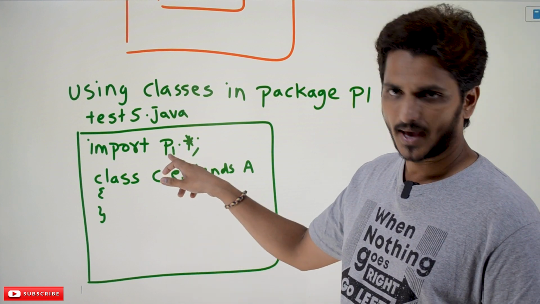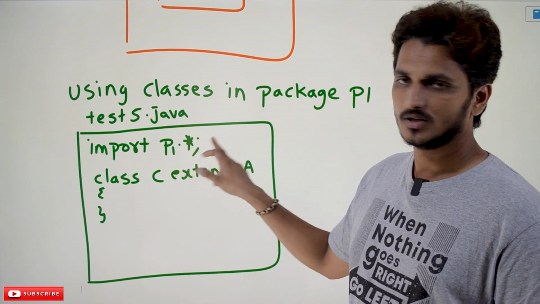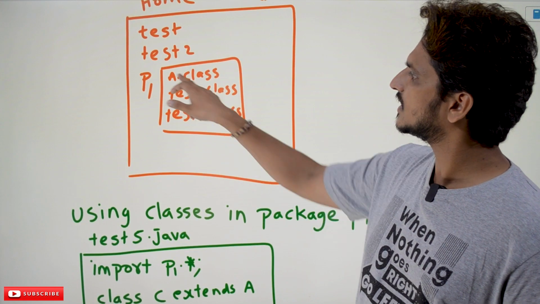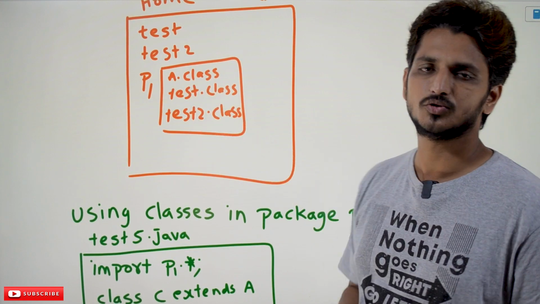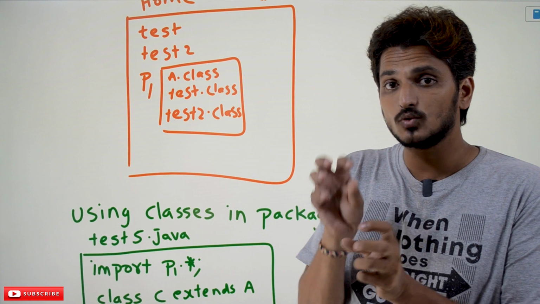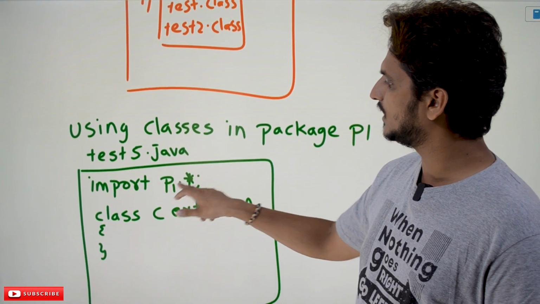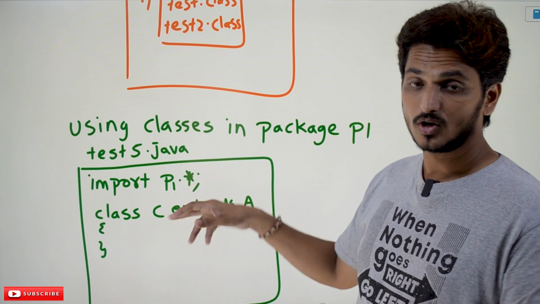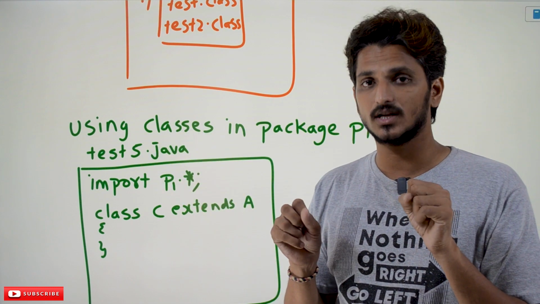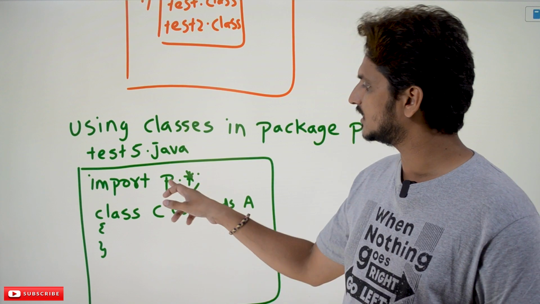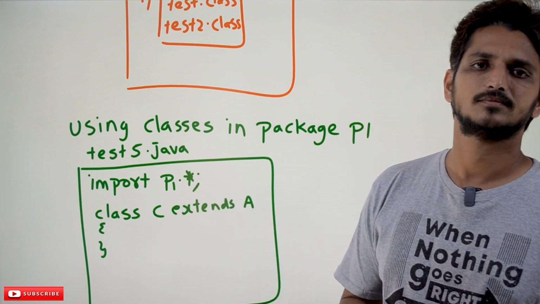So P1 is the package name, dot. In P1, how many classes are there? A is there, test is there, test2 is there. If you want to access only class A, you can write it as import p1.a. If you want to use all the classes present in the package, you can write it as p1.star.